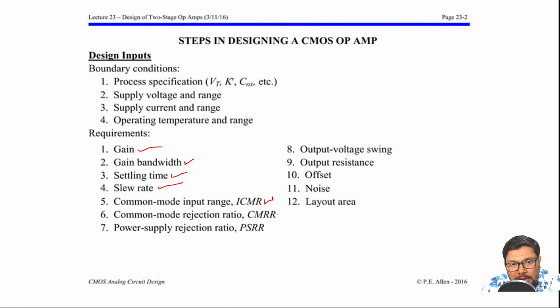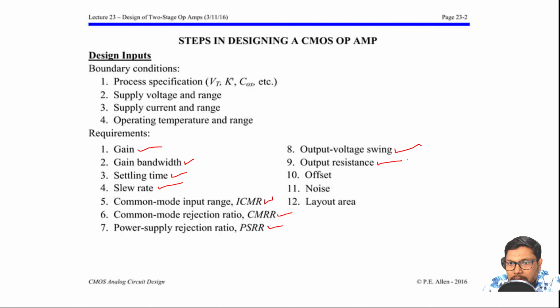Common mode rejection ratio: how much common signal our op-amp can reject. And how much power supply variation our op-amp can reject, that is the power supply rejection ratio. Output voltage swing: it should be nearby rail to rail, meaning VDD to VSS, but we'll see how much voltage swing there is.